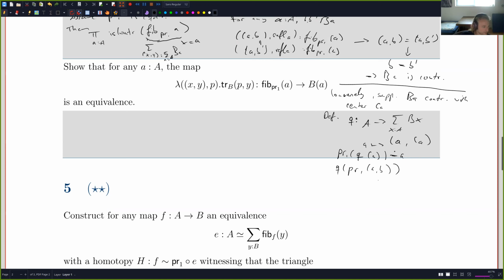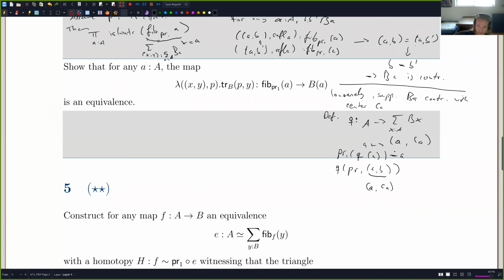Yeah, because B of A is assumed to be contractible, and therefore it's a proposition, we may assume that this arbitrary pair A and B is actually of the form A and contraction at A. That's the same argument as above.